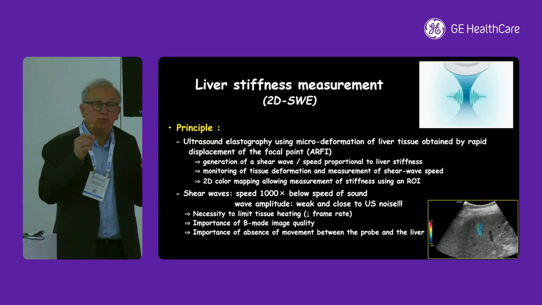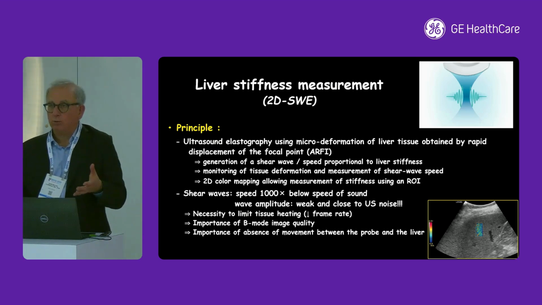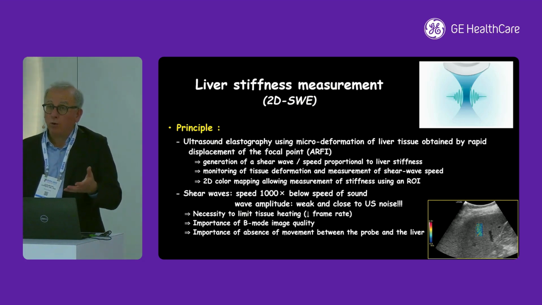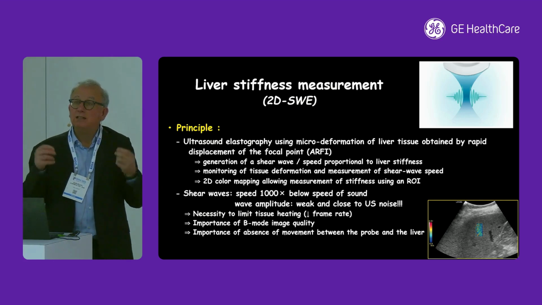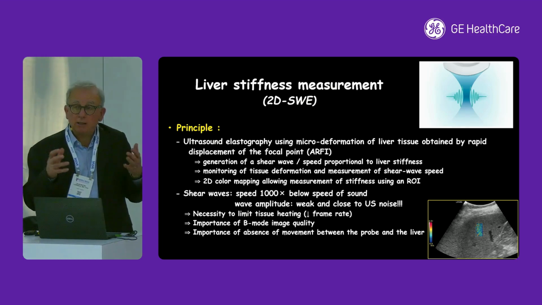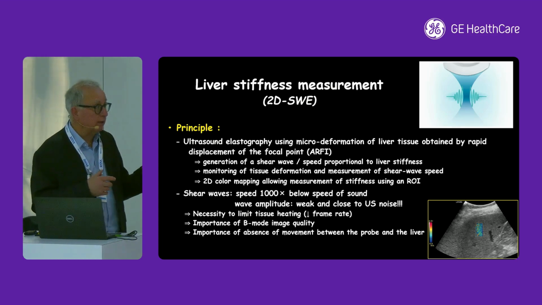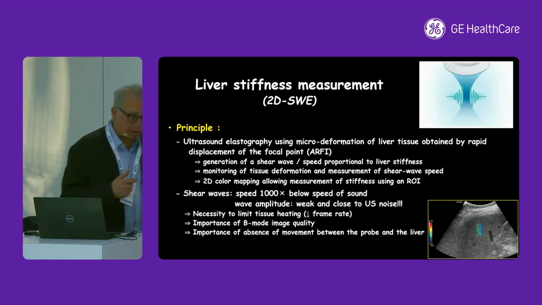I mean, these are really weak signals. And you should be very careful when you're doing these measurements, because they're very close to the noise. So this is not an easy measurement. It's not like color Doppler. This measurement is really very tough and needs deep optimization inside the ultrasound system.